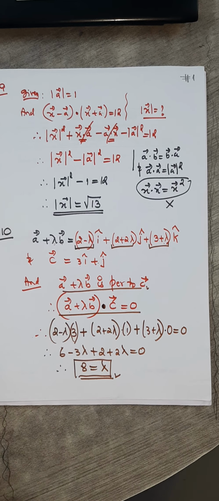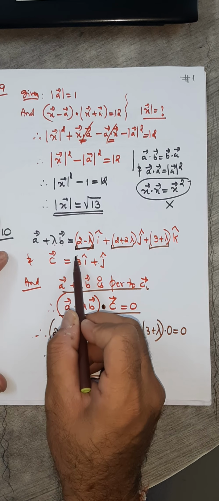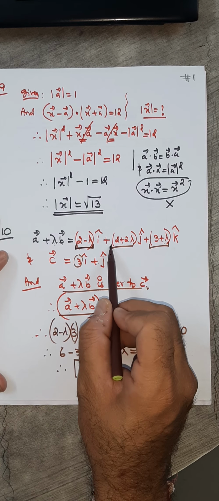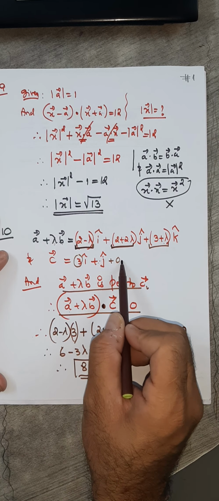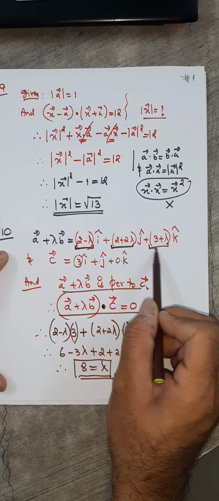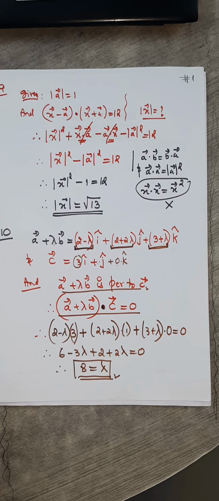How do we get the dot product? As I mentioned number of times, you multiply the corresponding components, remember. So this into 3, this one into 1, and here you can write like this if you want, 0 into k cap. So this into 0. So from this we'll get just lambda.